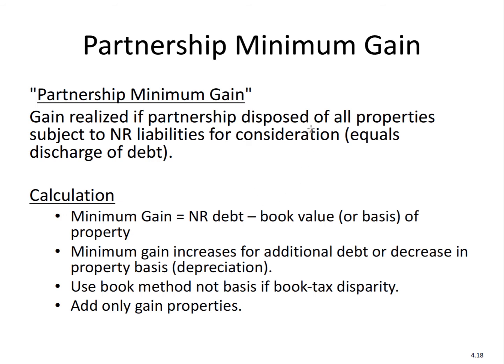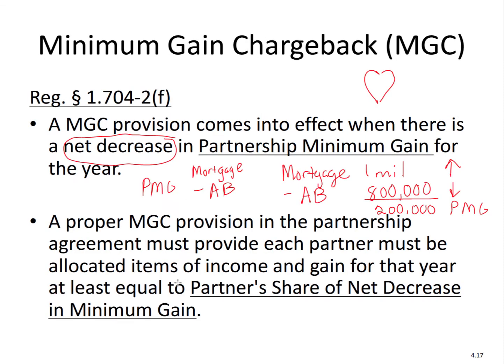So here is partnership minimum gain, which I just talked about. It's the non-recourse debt minus the book value or basis of the property. That's how we calculate minimum gain. The minimum gain increases for additional debt or decrease in property basis. Okay? So I apologize. I said when I showed you the previous slide that an increase in the mortgage or a decrease in adjusted basis will decrease.